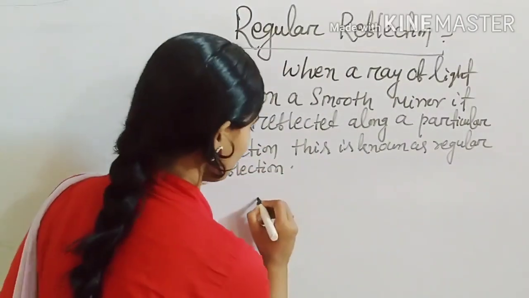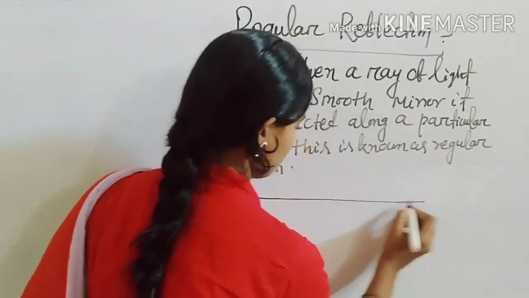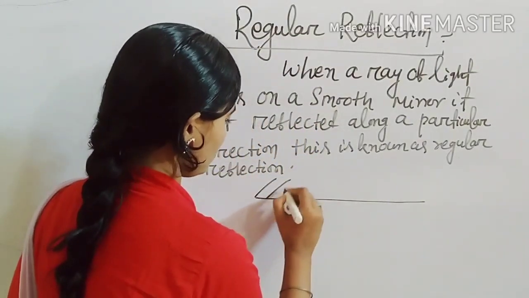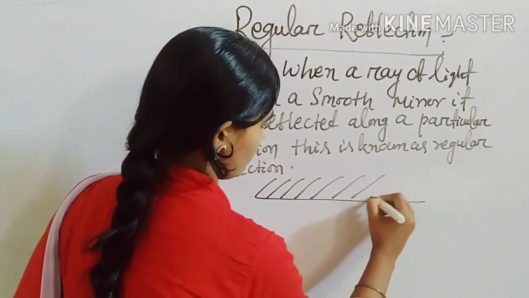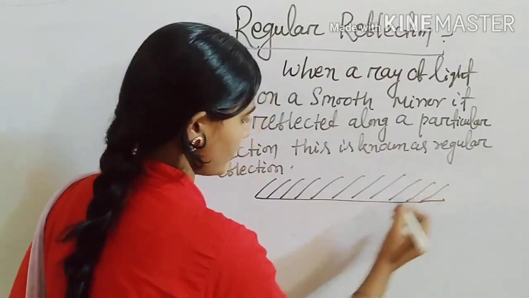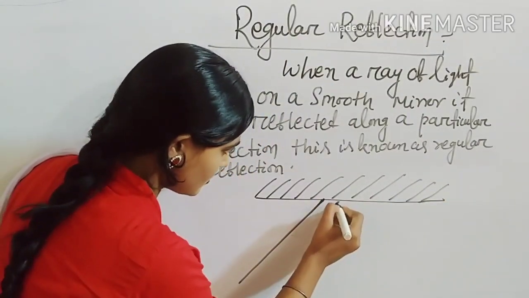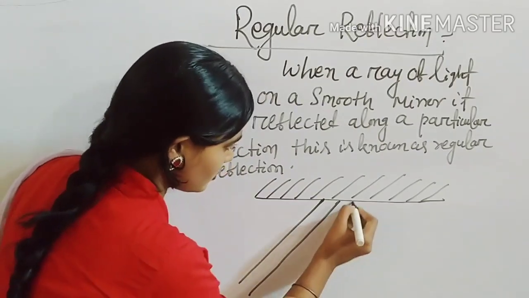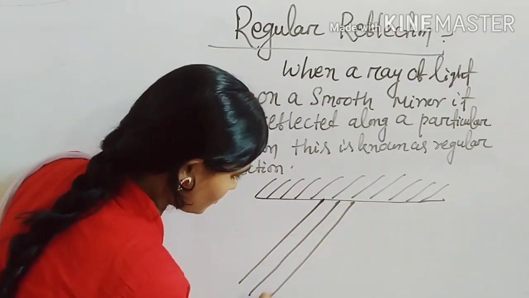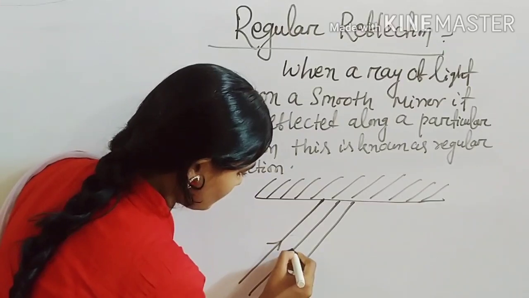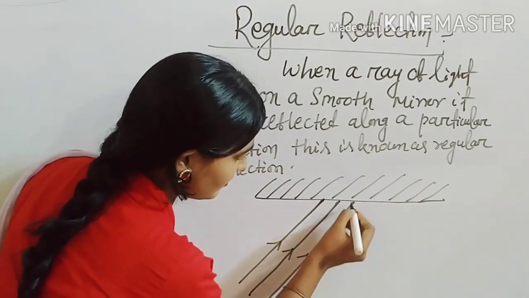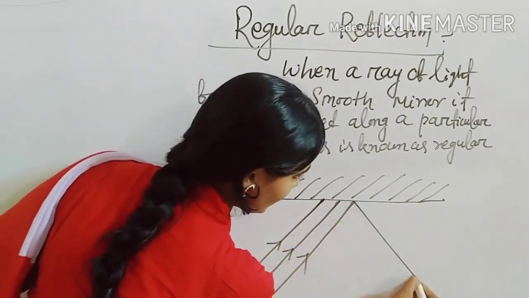So what is the example? Here is a mirror. When a ray of light or a beam of light falls on an object, it gets reflected along a particular direction.